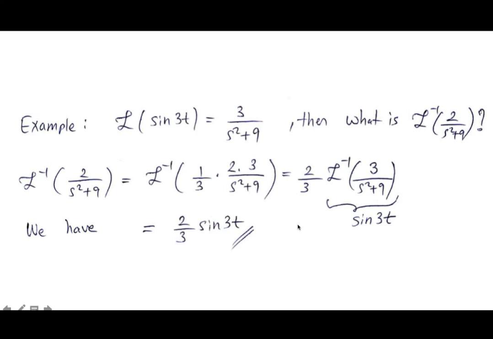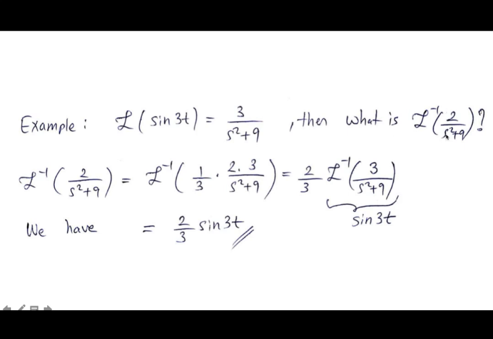In this example, we are given the Laplace transform of the sine function, which for sine 3t is equal to 3 over s squared plus 9, where we consider 9 as k squared. So we have k equals 3 in this example.